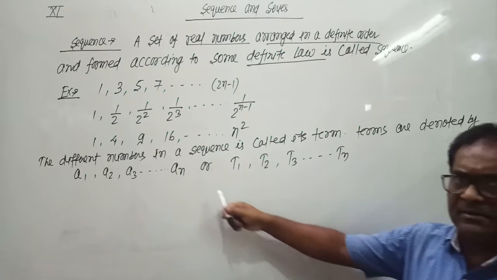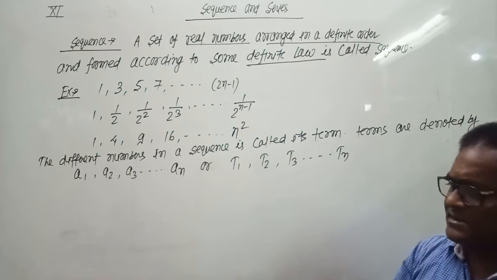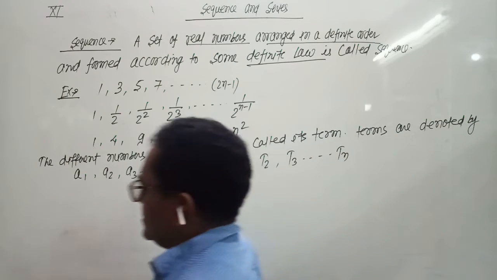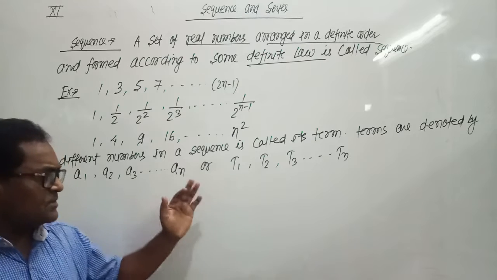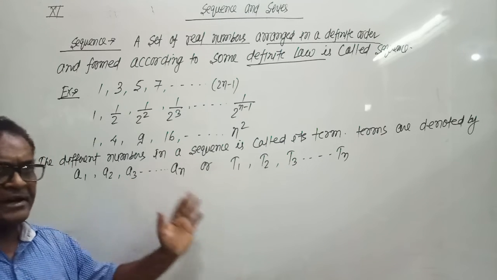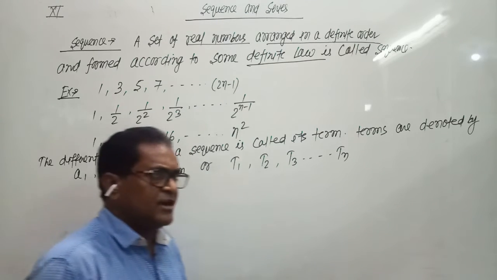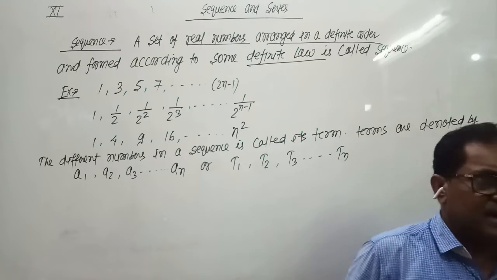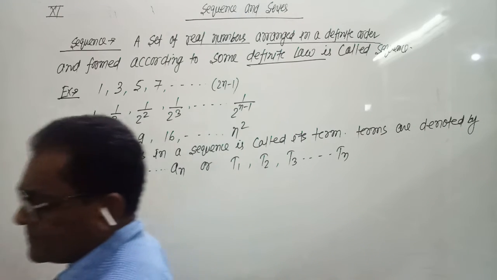An is the last term. Similarly, Tn is the last term. So terms of the sequence are represented by A1, A2, A3, An, or T1, T2, T3, Tn.